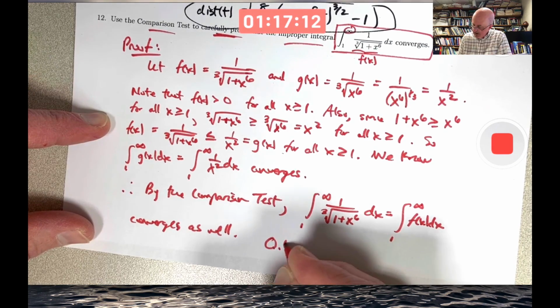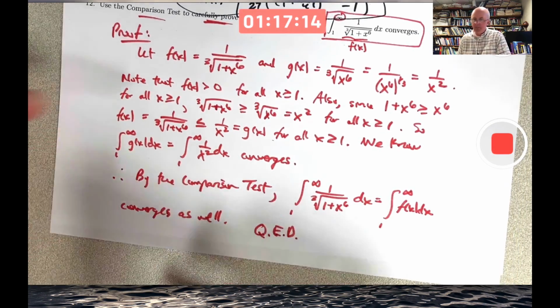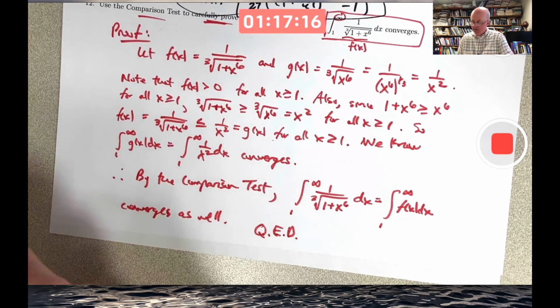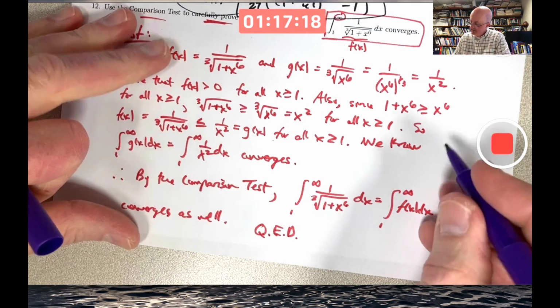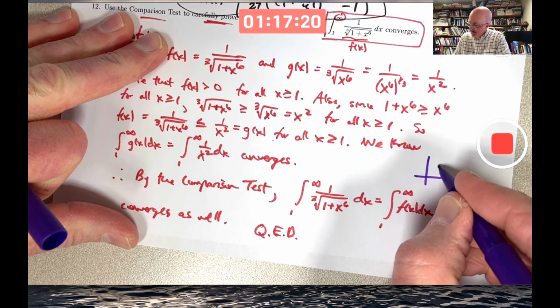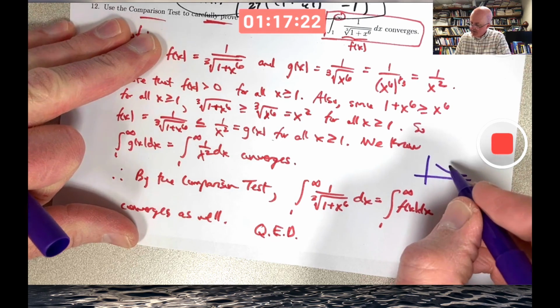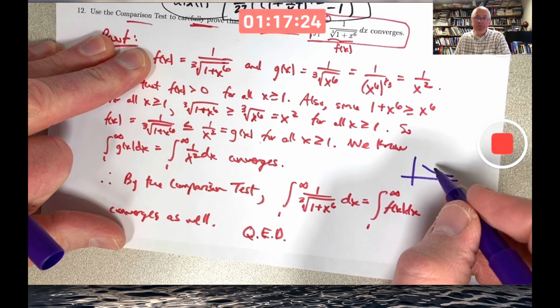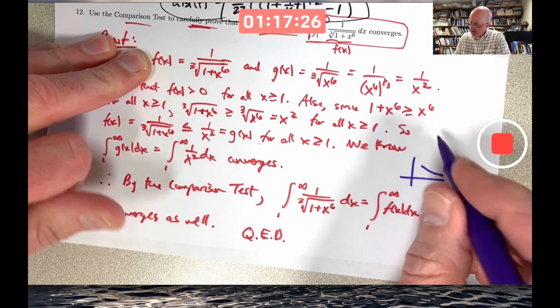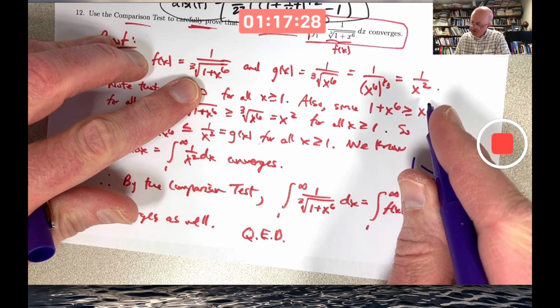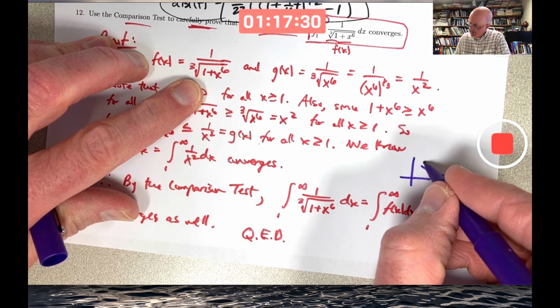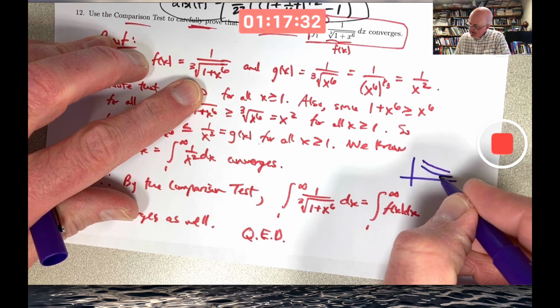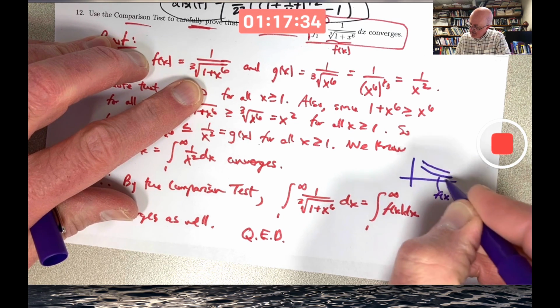Again, intuitively, the graph of f is below the graph of g. They don't have the same value when x is 1. Okay. This is f. That's g.